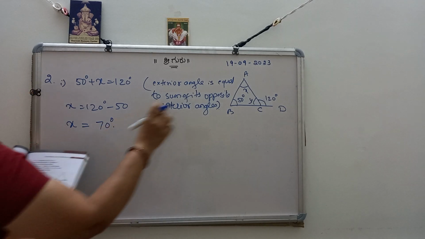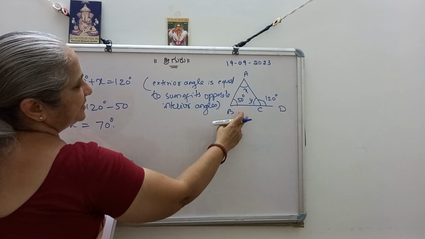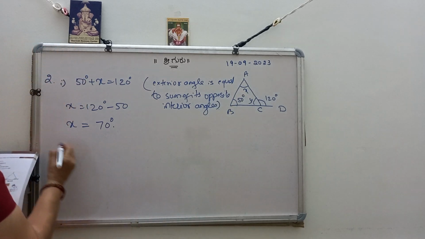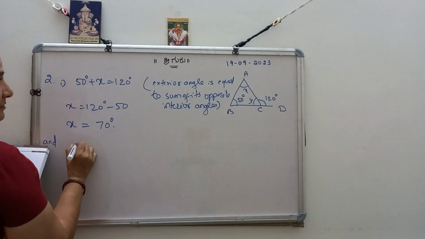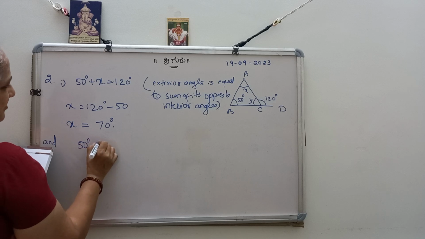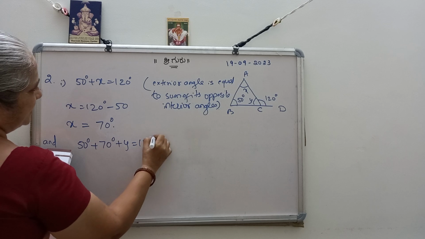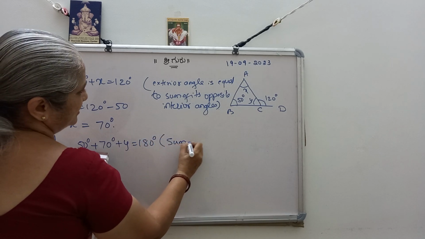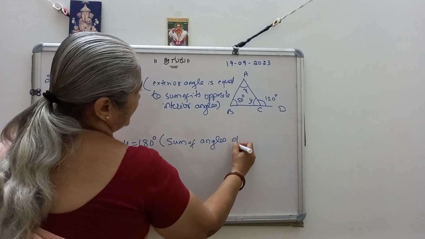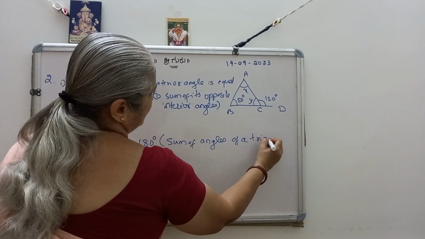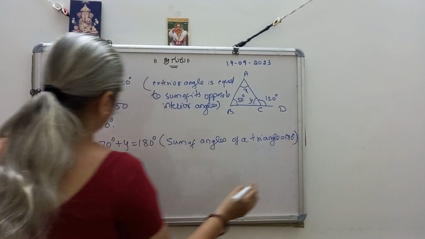And when you know x and you have another measure of the angle as 50 degrees, then it's easy to find y by using angle sum property. 50 degrees plus 70 degrees plus y is equal to 180 degrees. Sum of angles of a triangle is equal to 180 degrees.